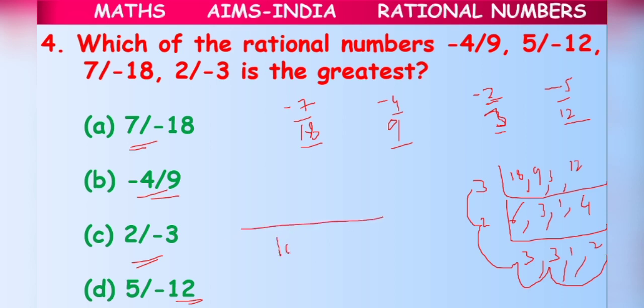Is it correct? One minute. Let me see once again. 3 6s are 18, 3 3s are 9, 3 1s are 3, 3 4s are 12. 2 3s are 6, 3 will be same, 1 will be same, 2 2s are 4. 3 2s are 6, 18, 18 3s are 54.